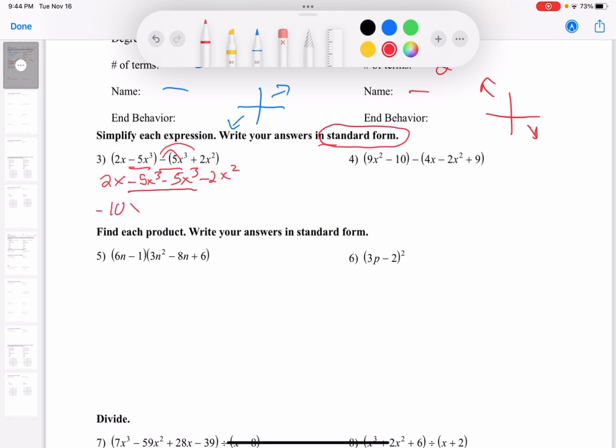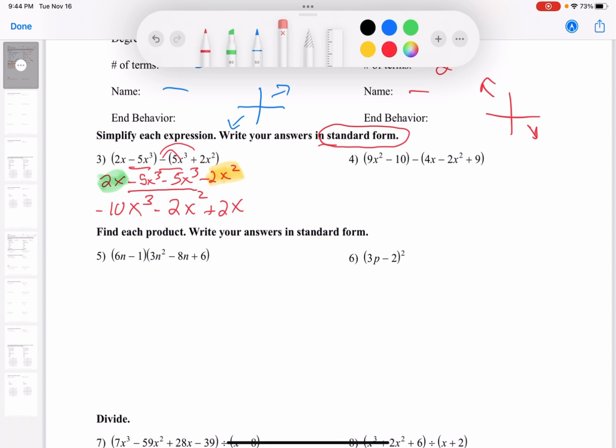That's negative 10x cubed, and I'm putting that first because I want it in standard form. We've got this negative 2x squared here. We got no other 2x squared, so that's going to be negative 2x squared. And then we've got this 2x sitting over here, so that's going to go at the end. So positive 2x. And that one's done.